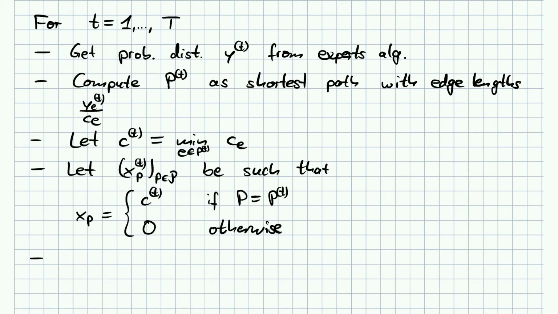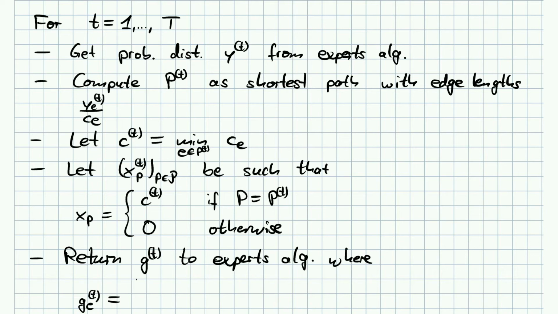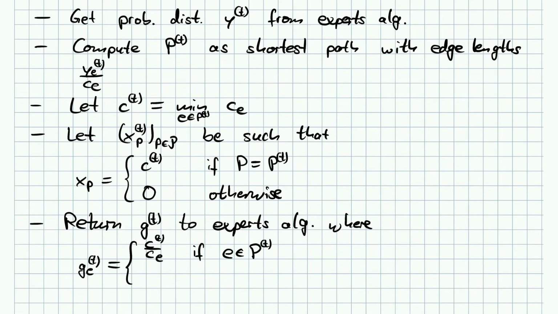And then we return GT to the expert's algorithm, where the gain that the expert's algorithm has associated to edge E is CT divided by CE if the edge is on the selected path and 0 otherwise.